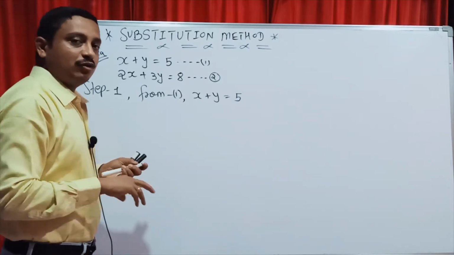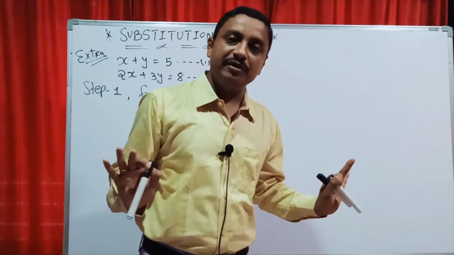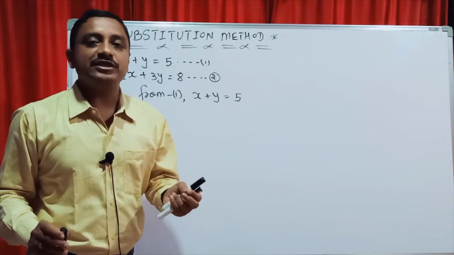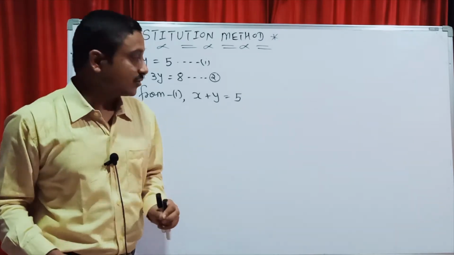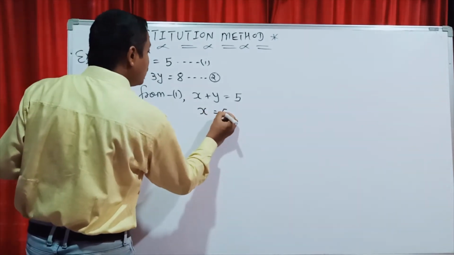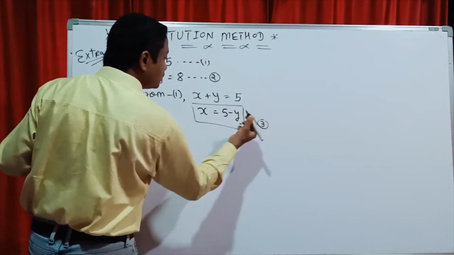Students, as you like, you can also start from the second equation. That also gives the same result. Both ways I explain. After that you decide whichever you take. x plus y equal to 5. Here subtract any value first. 5 minus y I separate, and here we get equation number 3.